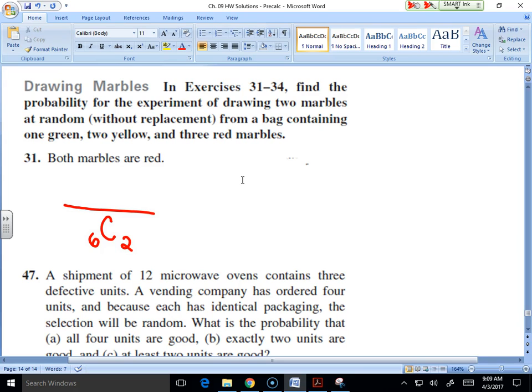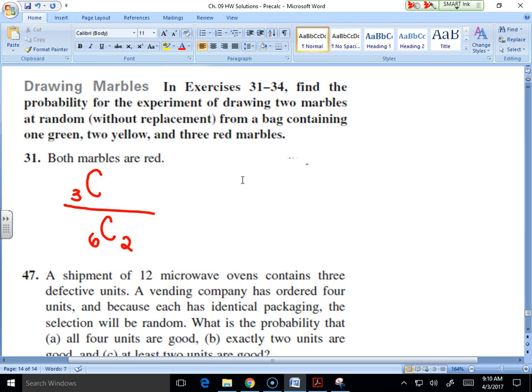What goes in the top? No, not 6. That's the bottom, because 6 total marbles, and we're picking 2 of them. On top, how many total red do we have? 3.